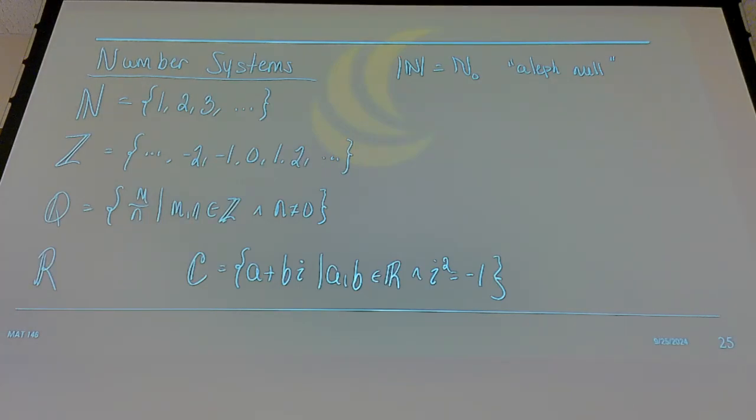What about the integers? How many integers are there? More or less than the naturals? Neither. The exact same number. The integers are also countable.